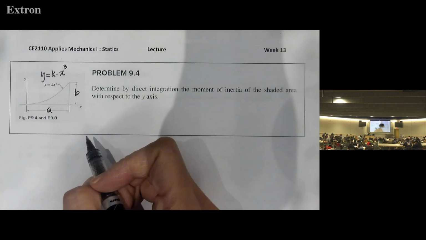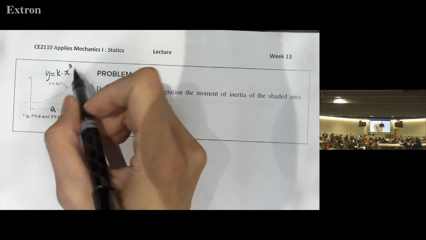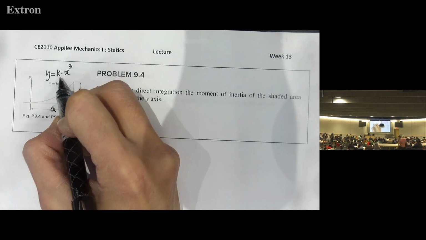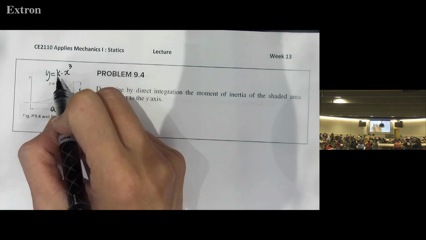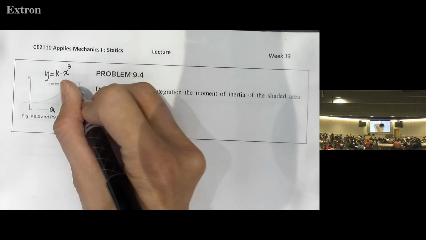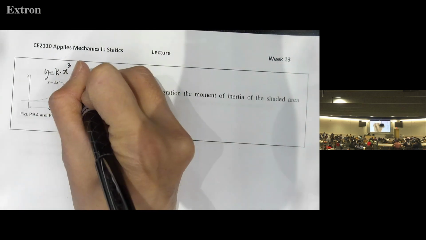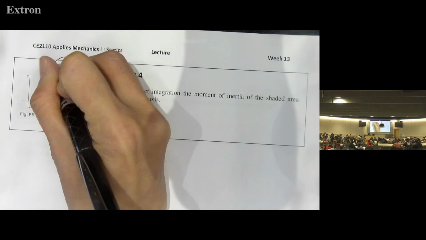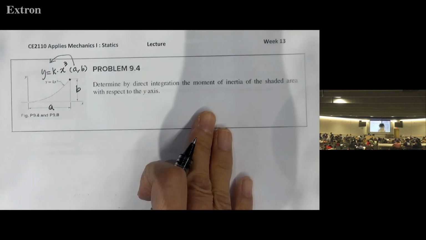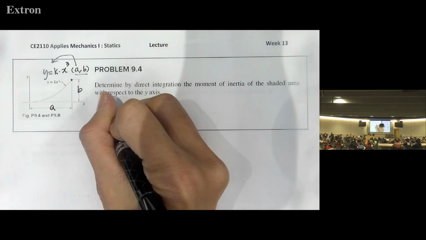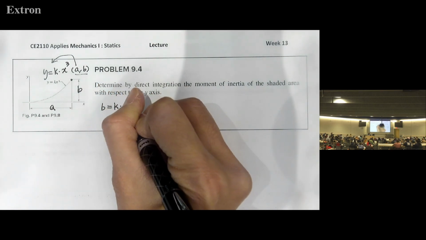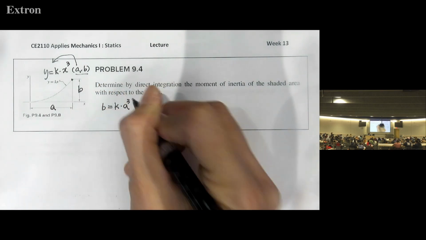Okay, so now we don't like this k, right? So we like to express this k in terms of a and b, right? What can we do? So use this coordinate a comma b in this equation. So y is b and x is a.